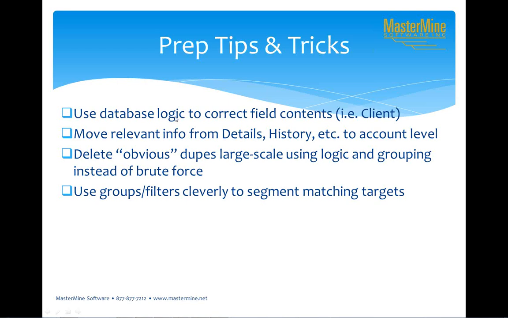Then you can decide, well, maybe I won't use that field to display it in GoldMine. I'm only using it for the merge purge purposes. So you can just leave it there, or you can delete it afterwards, or have it as a throwaway field that you can put information into for the purposes of doing merge purges. All I'm saying is sometimes you've got information that's not at the account level, so move it up there for the merge purge.